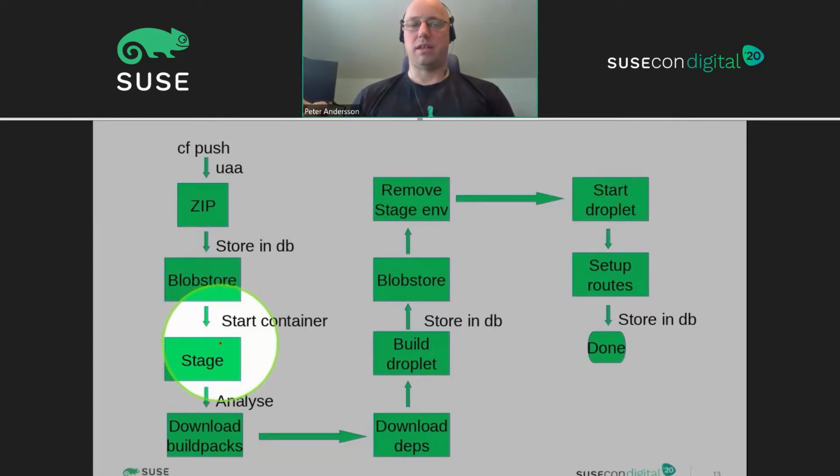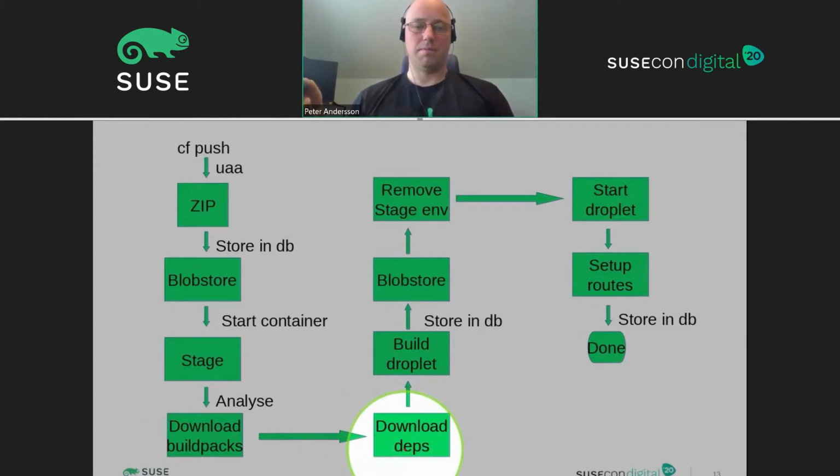The container analyzes what I sent up in this stage, and it finds out, in my case, that it was a Ruby script, and downloads Buildpacks for Ruby script. So it has a rule set where it goes through what it should do with the things that I sent up. The Buildpacks give flexibility, so you can have Buildpacks for different programming languages, in my case, Ruby. It also downloads some dependencies because my code contains a couple of frameworks.